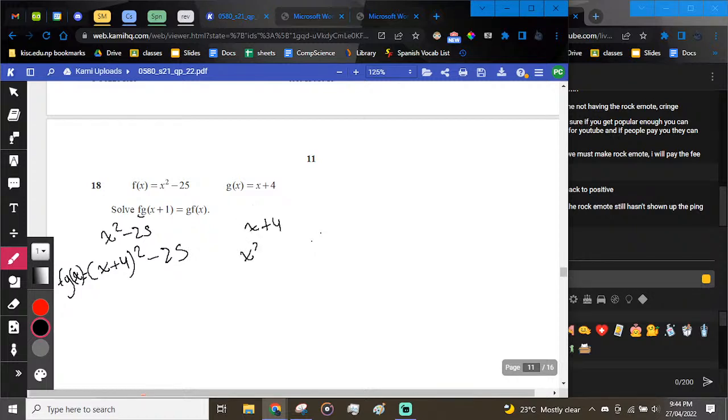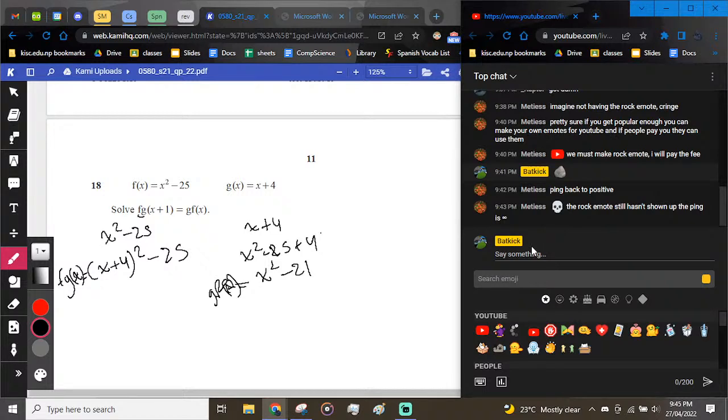Substitute x squared minus 25 plus 4, which boils down to roughly x squared minus 21. That is g f of x. They're different because the order is different. Funky. Funky, and I hate it.